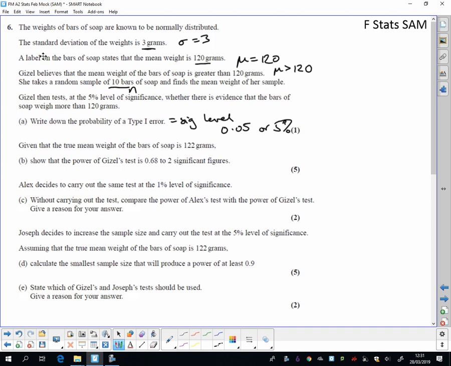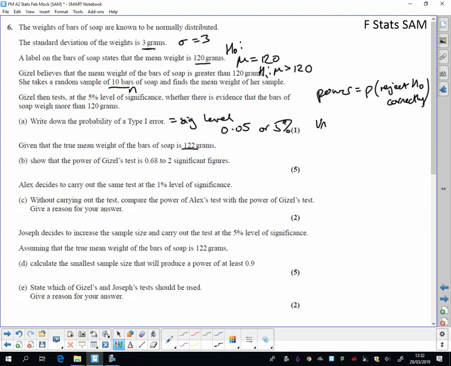Right, so now we know the true weight is 122, and we've got to show the power of this test. So power is the probability we reject H0 correctly. What we have is we would be testing that the mean is 120, and the alternative is that the mean is greater than 120.